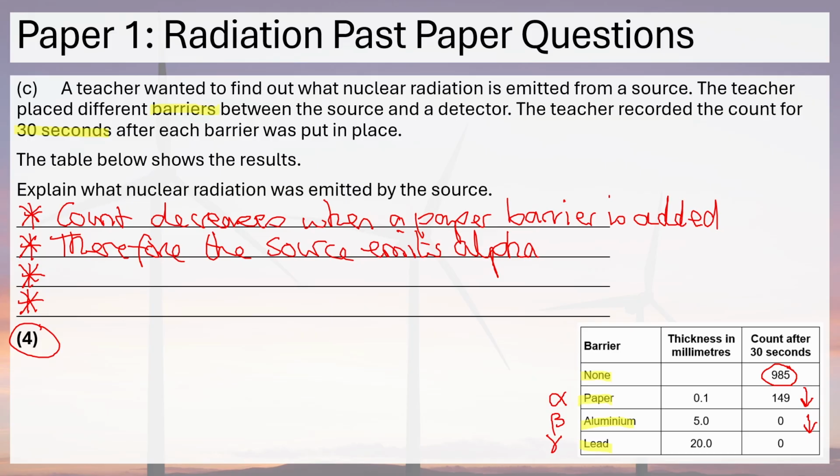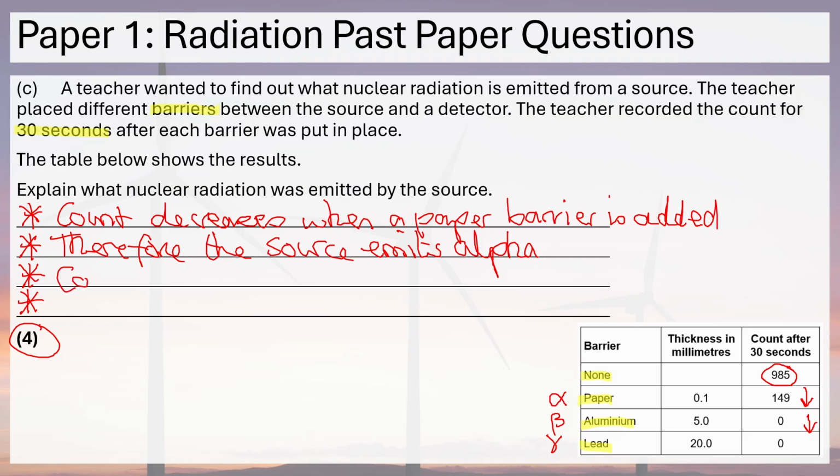Now, as you can see, there's 4 marks, so we haven't finished. Let's look at the rest of the information. So now when we add aluminium, the count goes down again. So some radiation clearly made it through the paper, which could be beta or gamma, but didn't make it through the aluminium. Now we know gamma would go all the way through, so that means there must also be beta radiation.